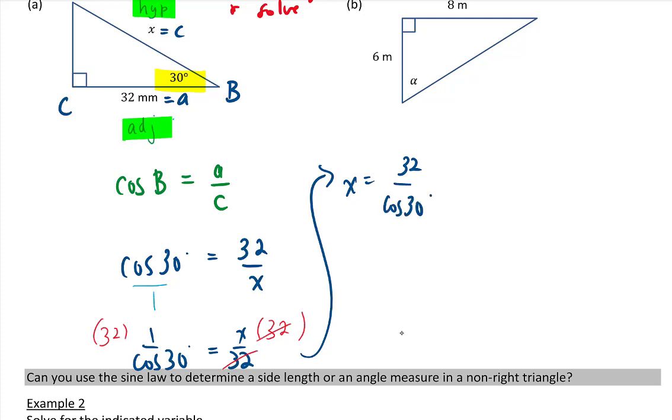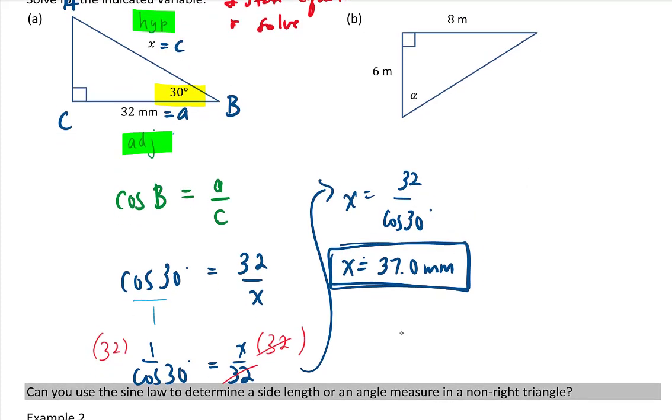And if we take 32 and divide it by cosine of 30, we get that side X is approximately equal to 36.95, so roughly 37.0 millimeters. So that is how we find a side length.